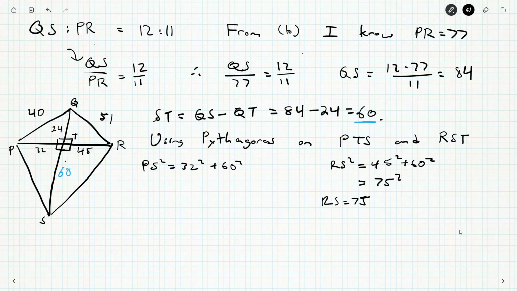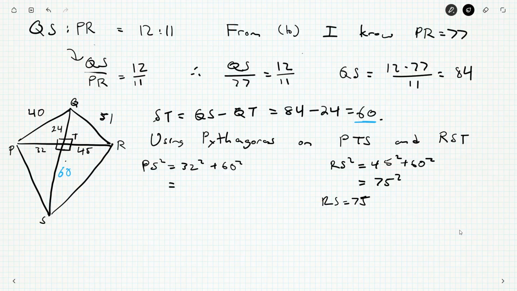Now this is a little unsatisfying. And if this were a bigger part of the question, I would probably write it out. But I think you can probably just quickly jump to it. And the 32 and the 60, some multiples of 4, 8, and 15, and 8, 15, 17 is another, a less well-known Pythagorean triple, but there it is.